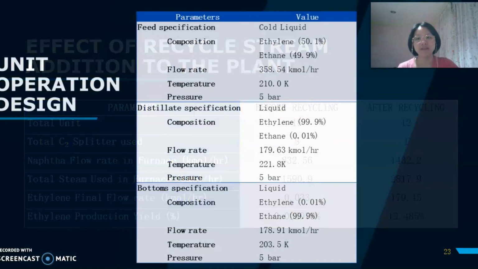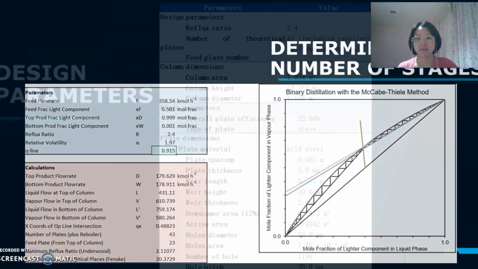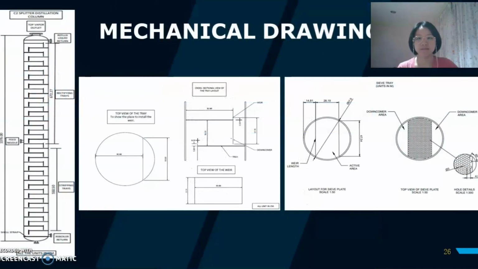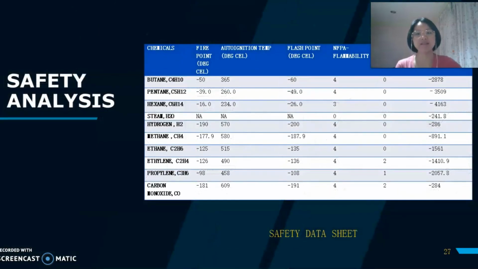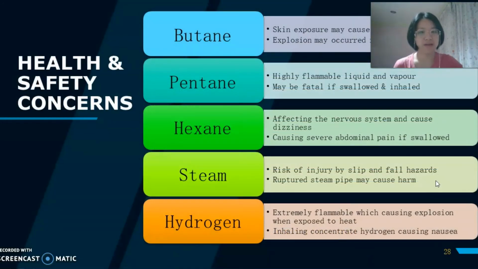For the safety analysis, we can see that most of the chemical substances have a very low fire point and a very high heat of combustion, so they are highly flammable and very dangerous.